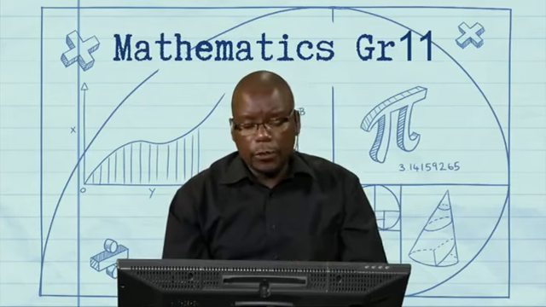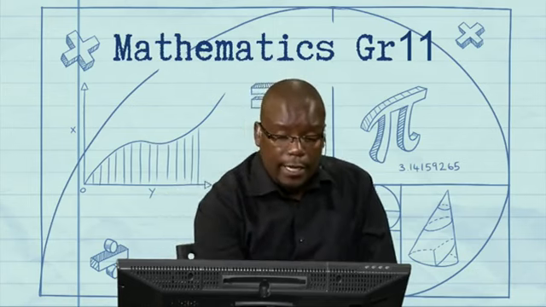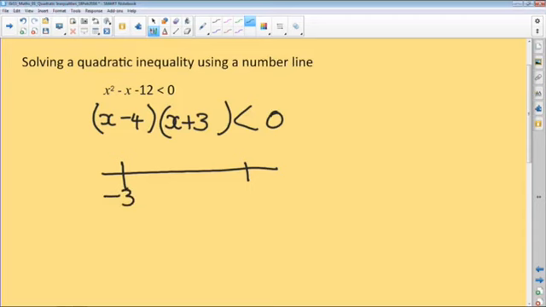What are going to be your critical values? After solving for x, you will get x equals minus 3 and then x equals 4. Now, with your number line, and looking at this, it is less than 0. So you'll have the critical values minus 3 and then 4.